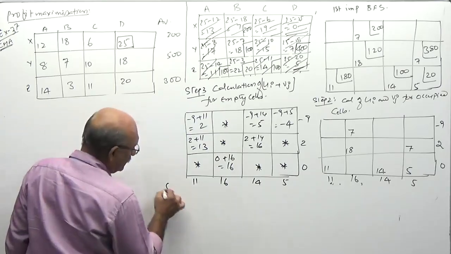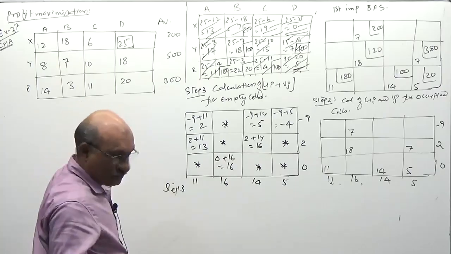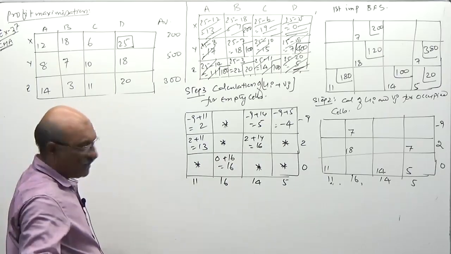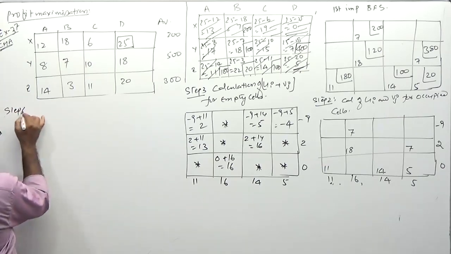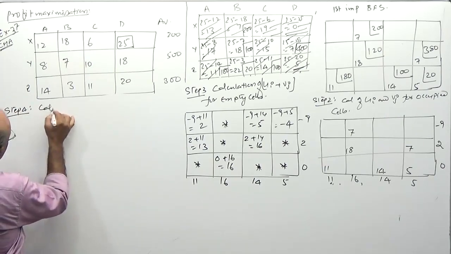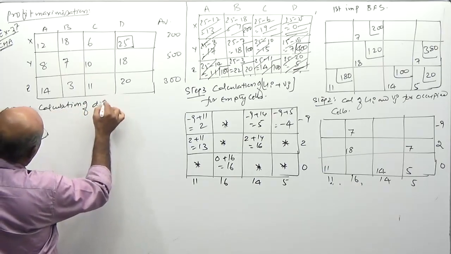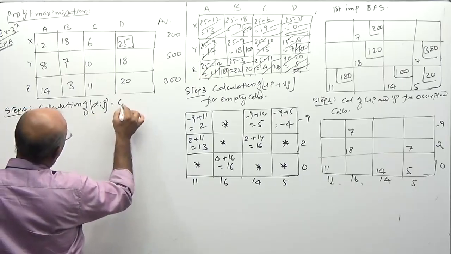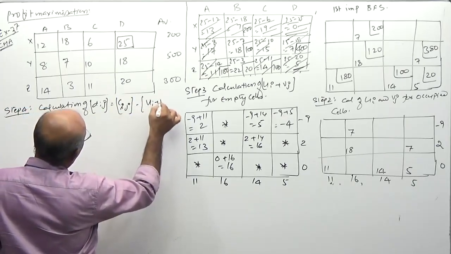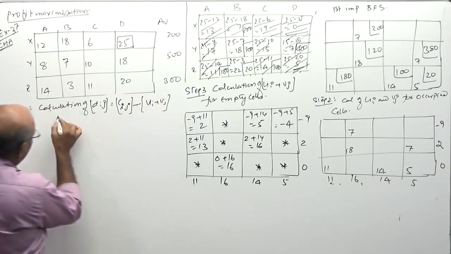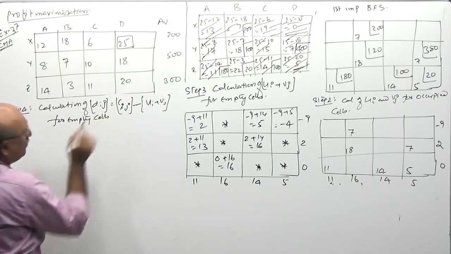Now, sir, step number 3 is over. Step number 4: calculation of the Dij matrix, which is equal to the Cij matrix minus Ui plus Vj for empty cells.